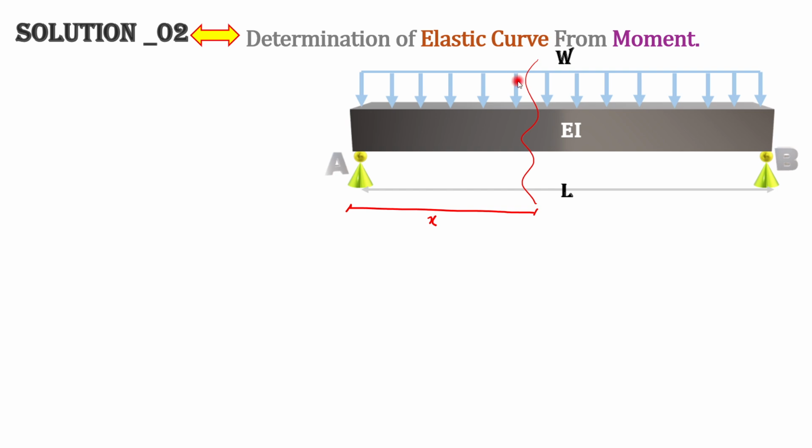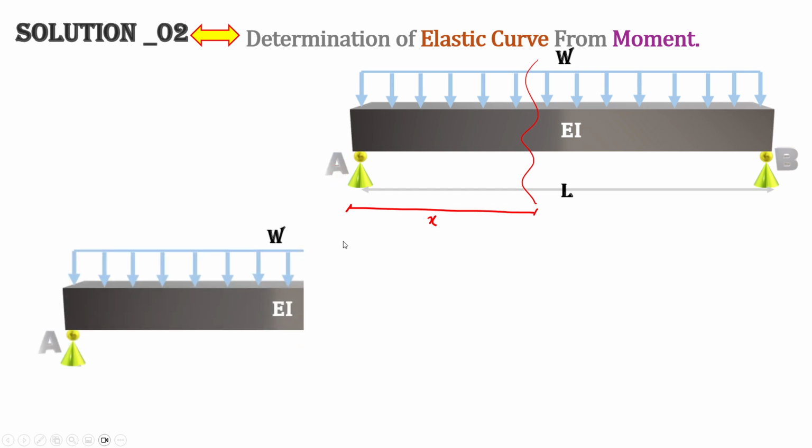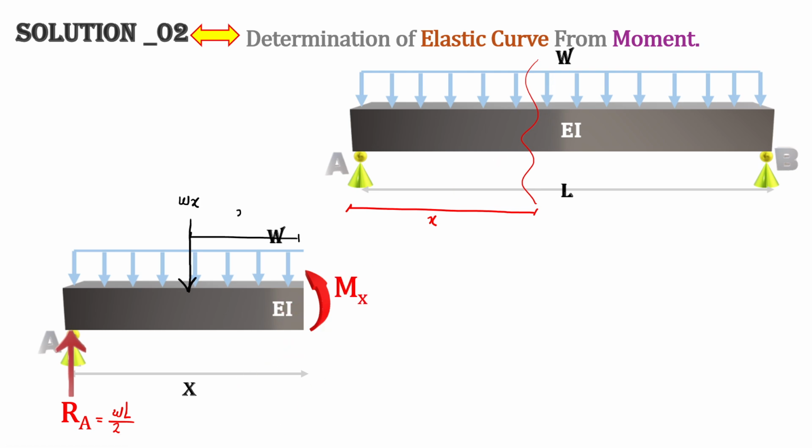So we need to cut the beam through and get the moment at a distance of x from, for example, support A. If we do so, R_A is replaced from the top, so half of the load goes to A, the other half to B. So R_A is simply WL over 2, and there is an internal moment in the beam. We call that M_x.